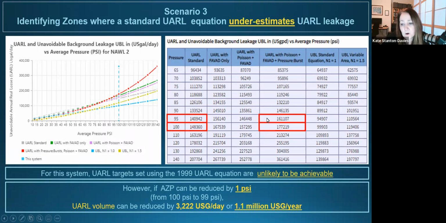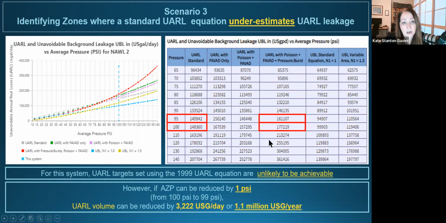Again, it may or may not be possible to drop the pressure by a whole 5 psi, but we can use a fifth of this difference to predict that if we just reduce average zone pressure by 1 psi from 100 to 99, we would reduce our UARL volume by 3,222 US gallons per day, which is just over 1.1 million US gallons per year.